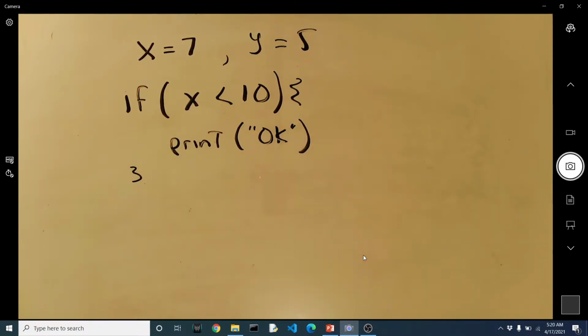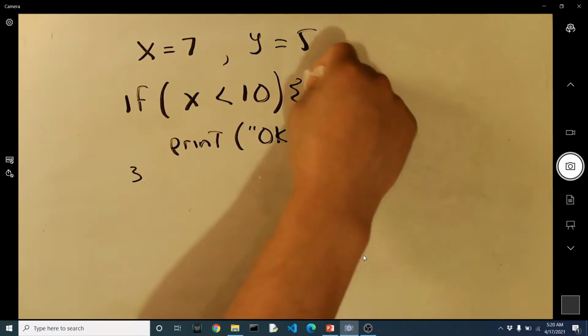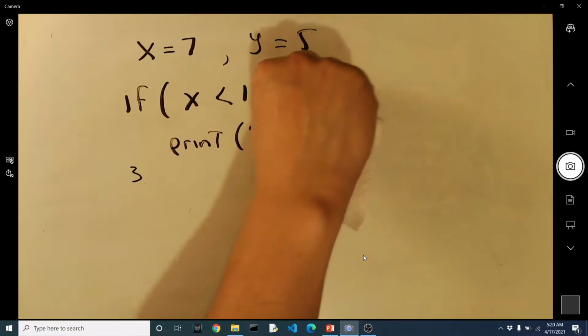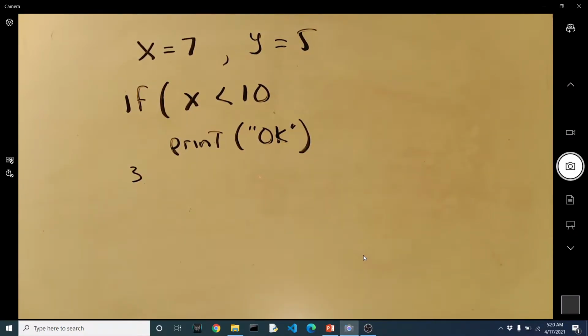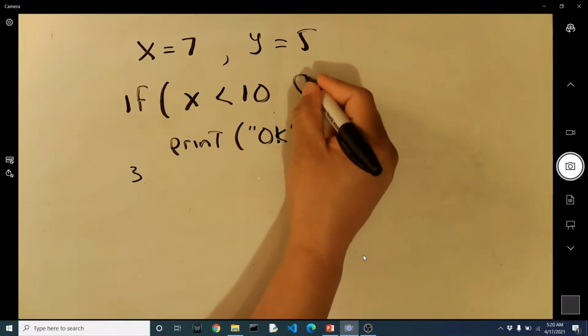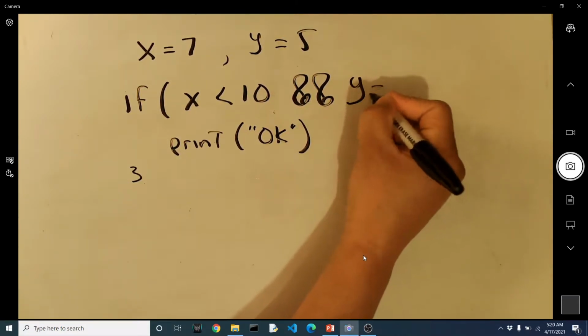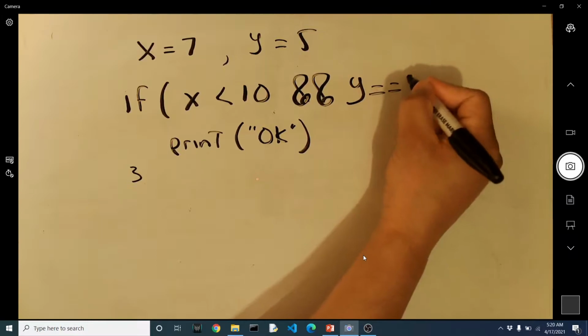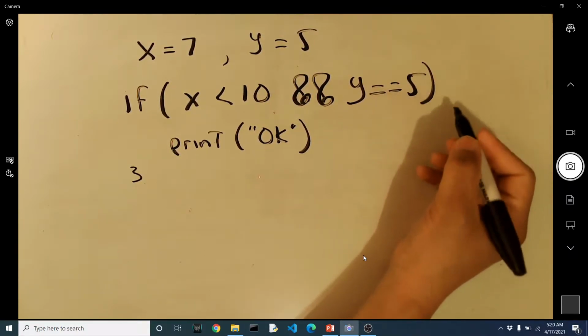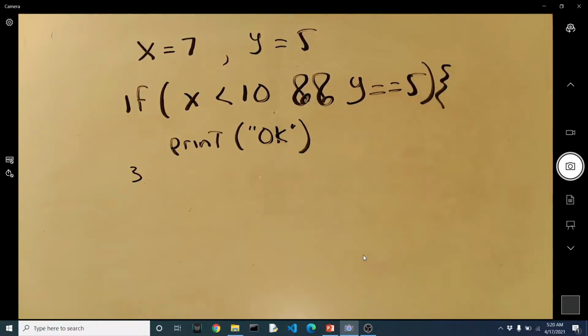Now, the way I said it is actually the same way you write it. So I'm going to erase this for a second, and I'm going to write the and operator. All right, so this is the and operator.